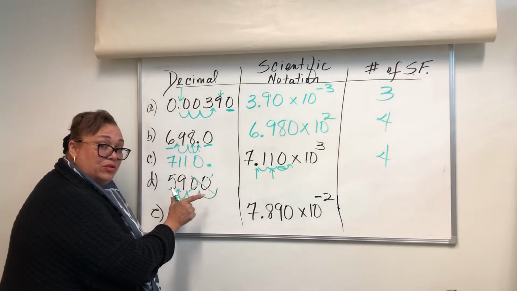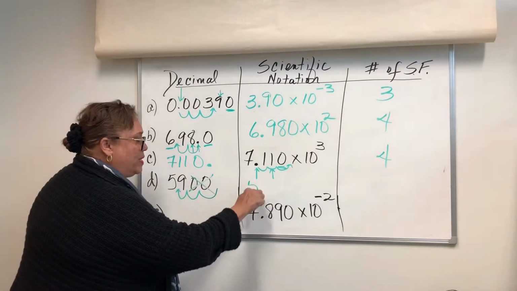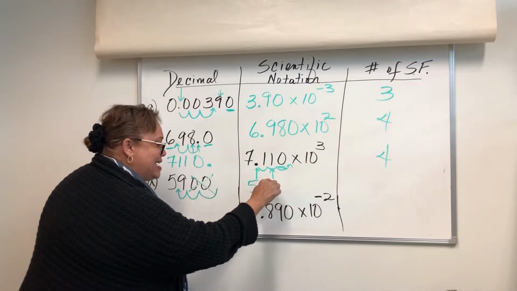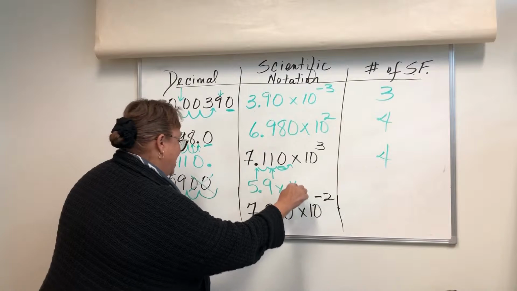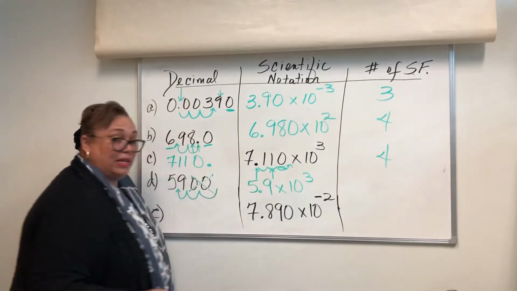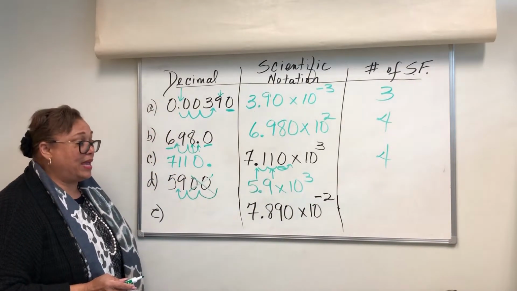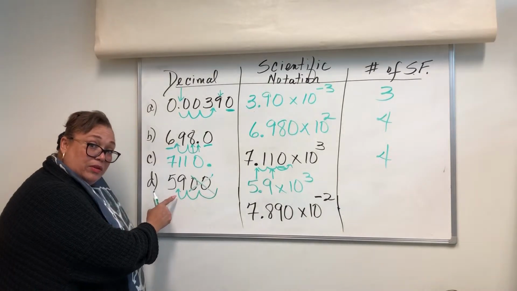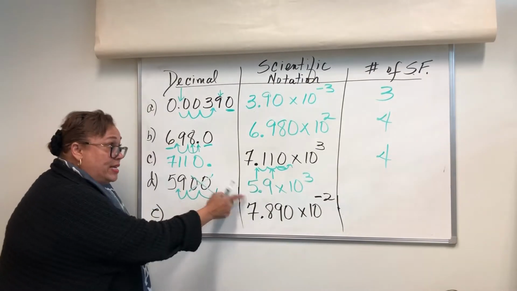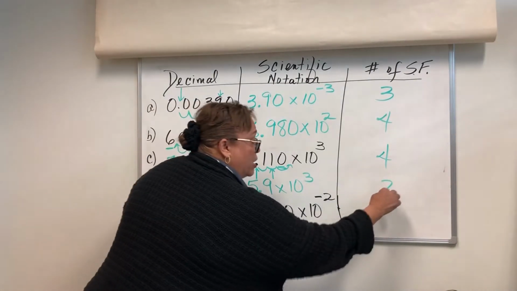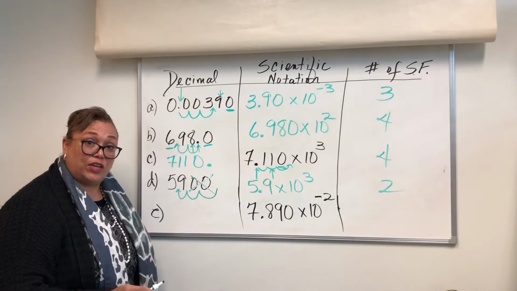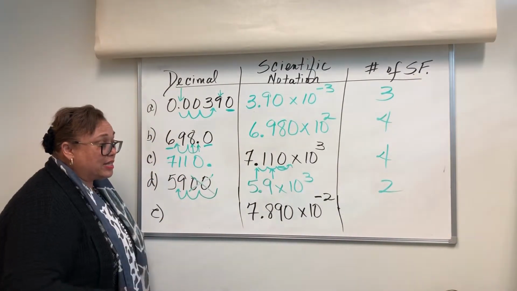The original number is larger than 1, so it becomes 5.9 times 10 to the positive 3. How many sig figs do we have? You should be able to look here, in the decimal form or in scientific notation, and tell me we only have 2 significant figures. Now let's look at this last one.